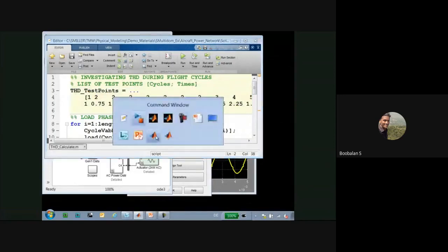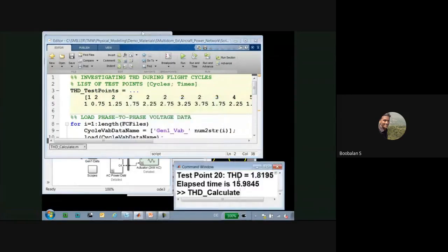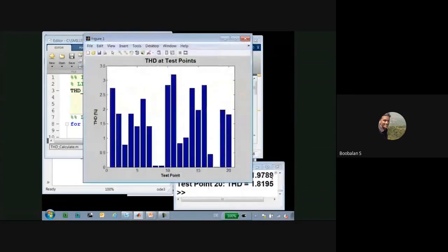I will now go to the command window and run this script. It will advance through the 20 points and calculate and plot the total harmonic distortion. So you can see there are conditions where the total harmonic distortion is very low and other conditions where it is high. Using this automated test, I could identify conditions that cause concern, configure the model, and then see if I can improve the power quality under those conditions.